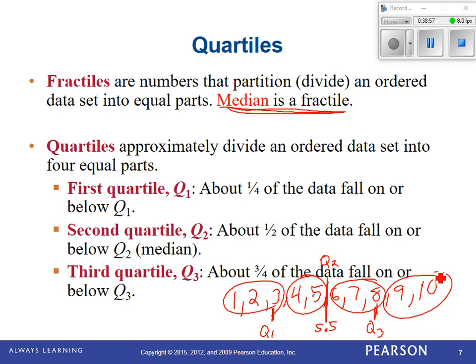But we're splitting it up so that there's a 4th here, a 4th here, a 4th here, and a 4th there. Even though it doesn't come out quite right, because there's 3 numbers in one, it's close to 25% in each one. That's all quartiles do. Splits it up into 4 parts.